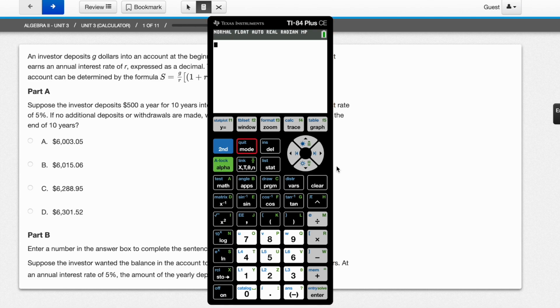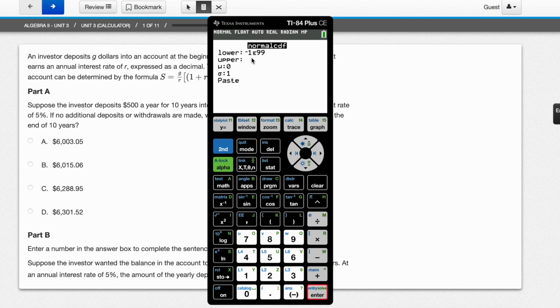To use the normal CDF in this calculator, we go to Distribution, which is this button right here. Click Second, Distribution. And we use the second one, normal CDF. The first one is normal PDF. We don't want to use the first one. We have to use the second one, normal CDF. Enter. Now they're asking for the lower bound. This lower bound is set at -1 × 10 to the 99, which is a very small number.